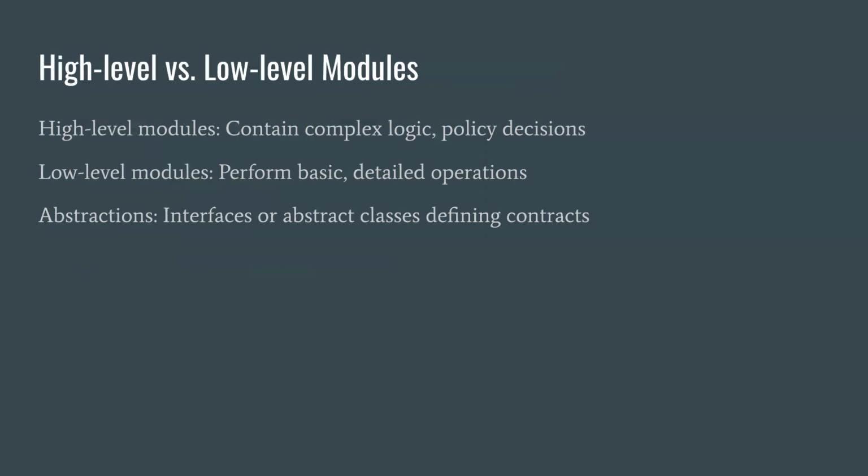Low-level modules perform the basic detailed operations such as data access or file management. Abstractions like interfaces or abstract classes define the contracts that both high-level and low-level modules adhere to, thus promoting a decoupled architecture.